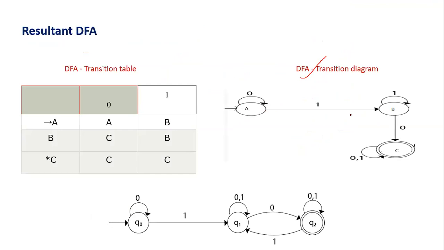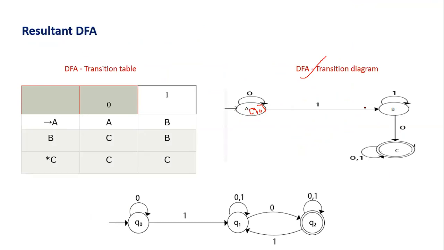A, B and C. You can mention the particular state also. In square brackets, you can mention Q0. Like that also you can give. Both are the same. You have just assigned the name A to the particular state, but the state is actually Q0.